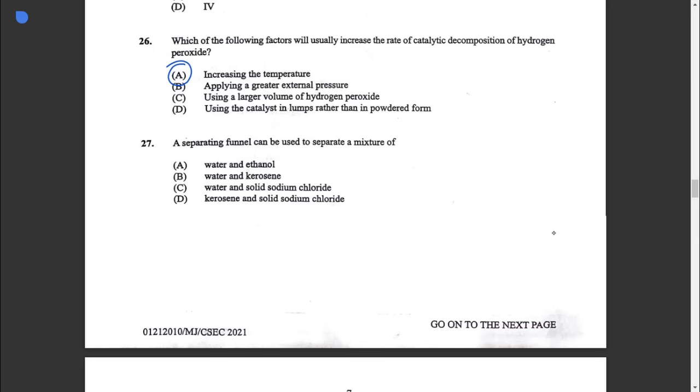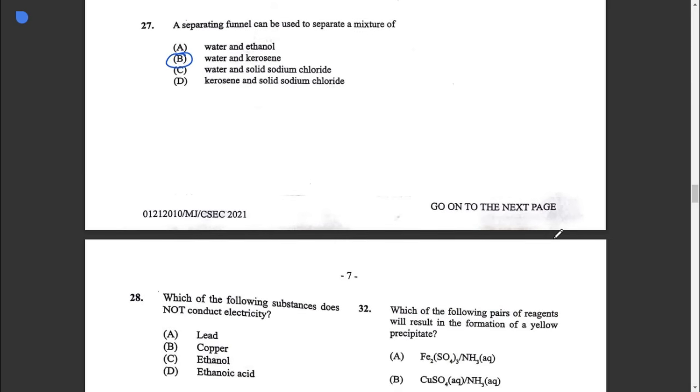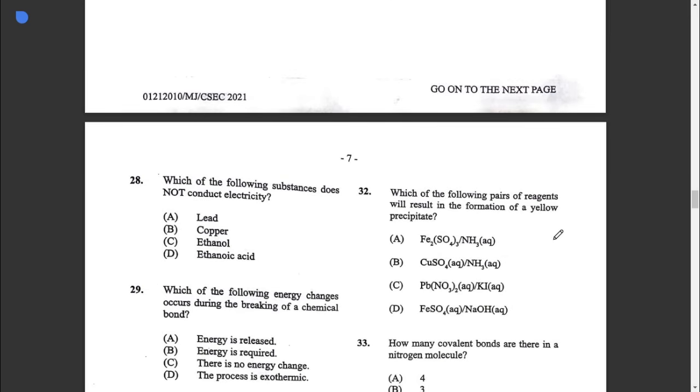Water and kerosene: kerosene is an oil, so we know that the kerosene will sit above the water. Water and solid sodium chloride would become a solution. Kerosene oil and solid sodium chloride is also a solution. So the answer is B, water and oil, which are two immiscible liquids.